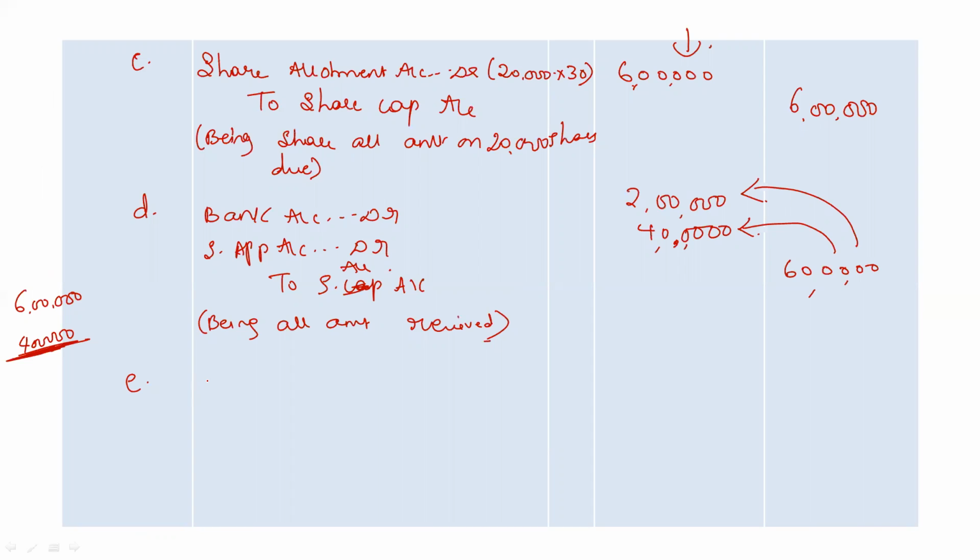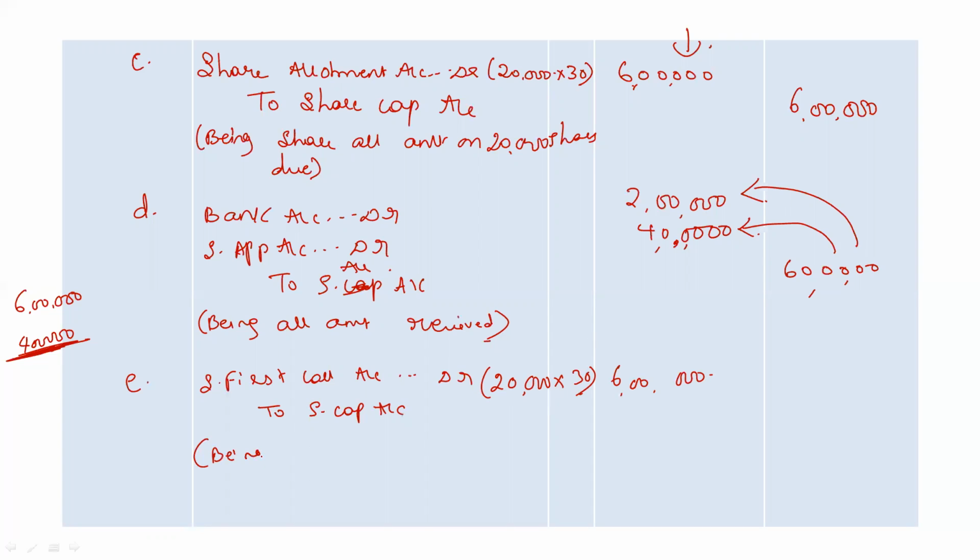So while asking, share first call account debit to share capital account. Company is asking for 20,000 shares to pay rupees 30, right? So what will be the amount here? 6 lakh rupees. Company is asking to pay 6 lakh rupees during first call.